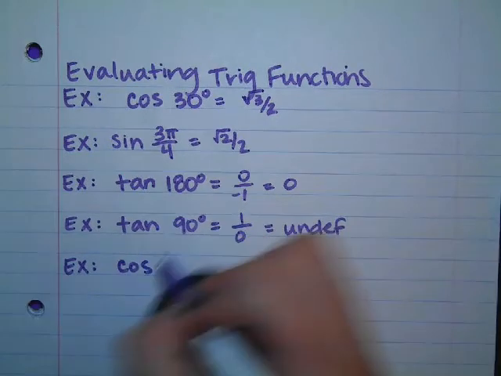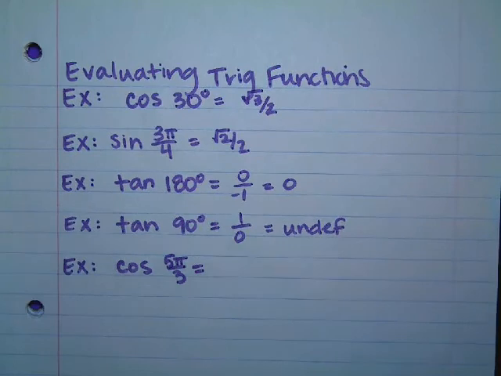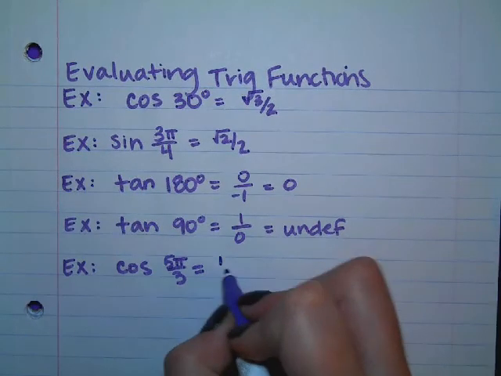Cos of 5 pi thirds. You would go to 5 pi thirds and look at the x coordinate, because it's a cos, and it's 1/2.